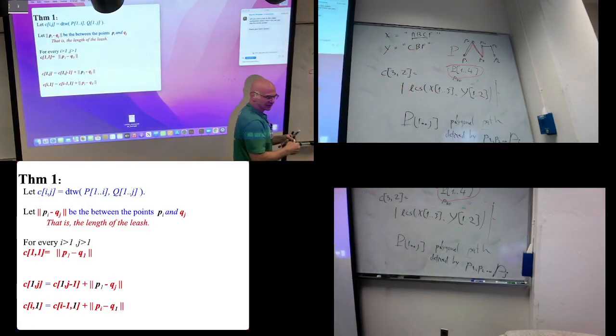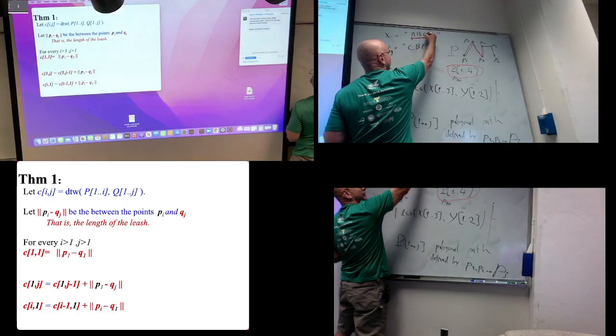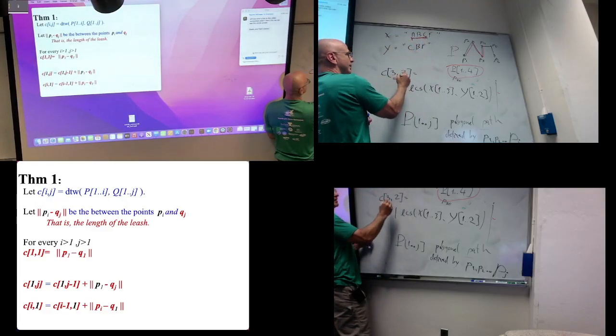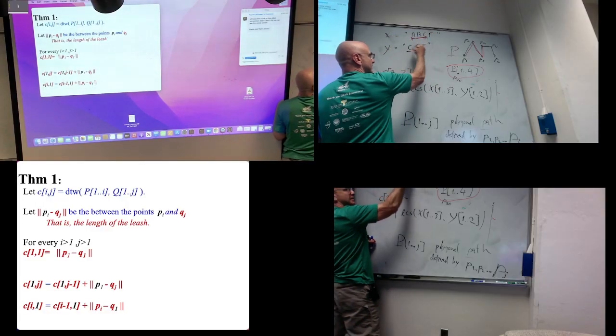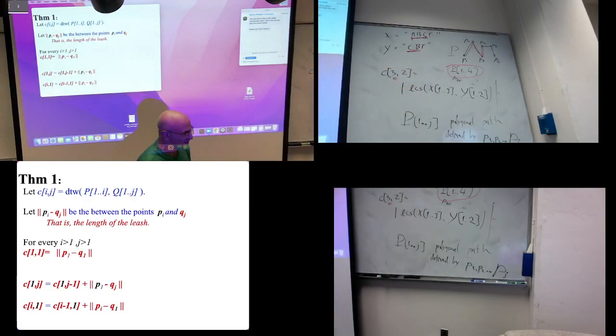How many letters was I able to match? In this case, it was to match the prefix of the first 3 letters of x to the first 2 letters of y, the C and B. And by the way, what is the answer for C of 3,2 in the LCS? 1. Right.